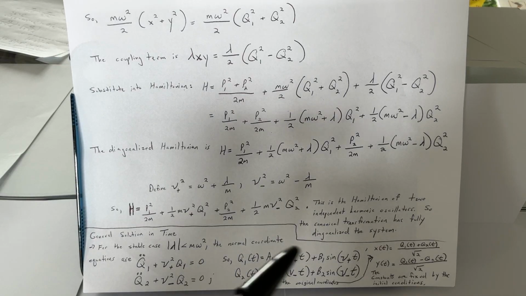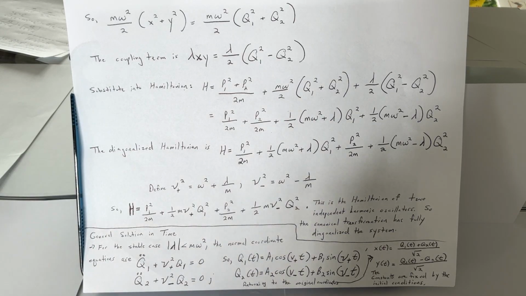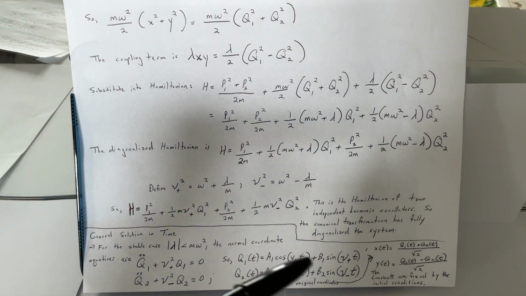And here are equations for q_1(t) is a_1 cosine of nu_plus t plus b_1 sine of nu_plus t, and for q_2(t), a_2 cosine, and then b_2 sine of that nu_minus t.